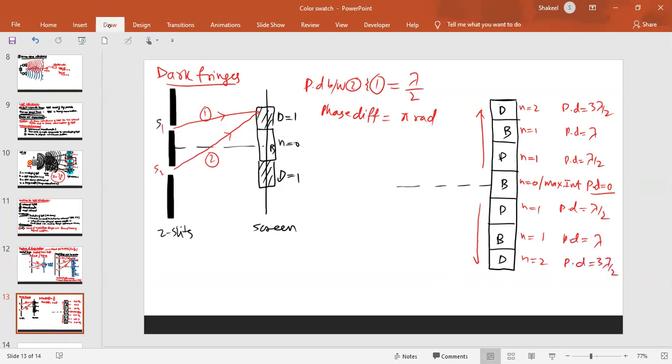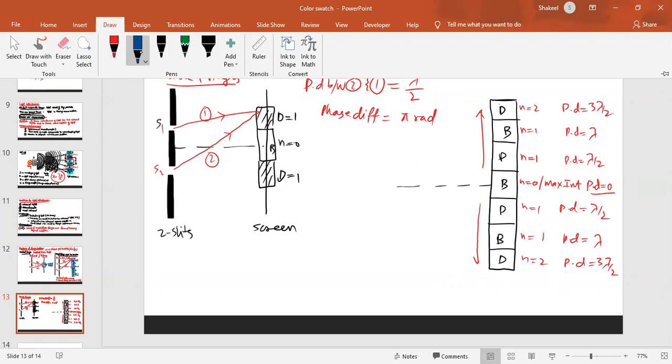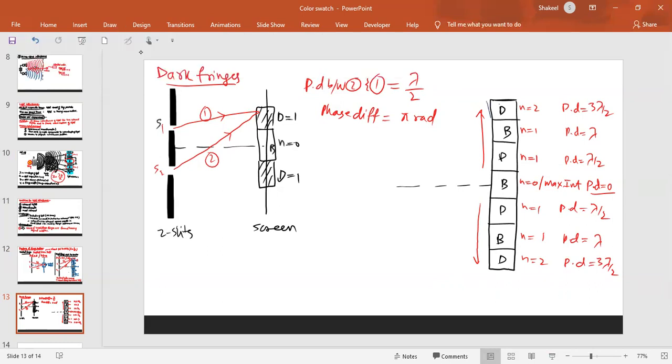And if I make the intensity spectrum for this, it would be 0, then a bit more, then 0 and a bit higher, 0, a bit less, and 0. So this is the intensity spectrum.